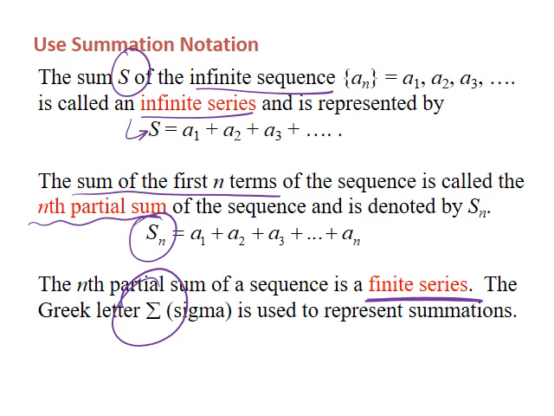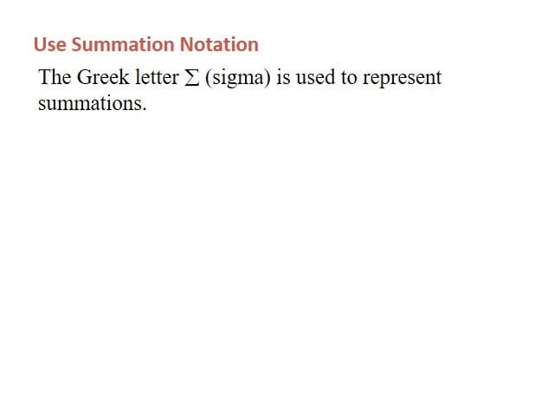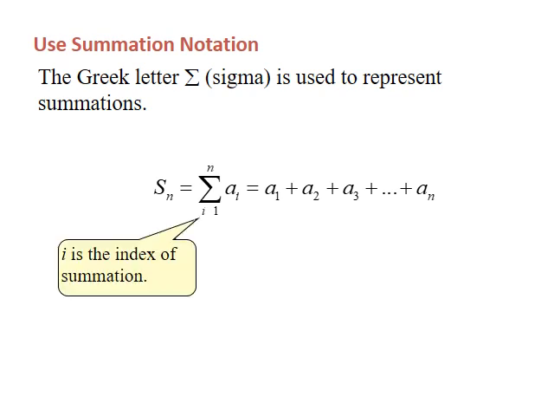So let's talk about each part of this. Sigma represents the sum, and here is an example of what this may look like. This little i here represents the index of the summation. This is basically the starting point. Okay, so we are going to start with the first term, so i is equal to 1.